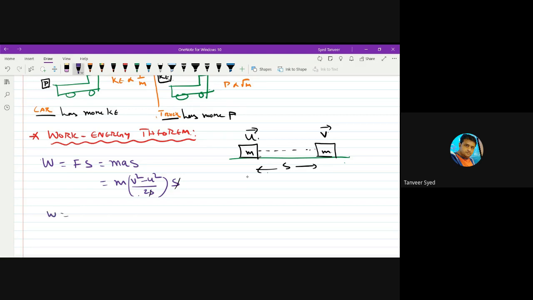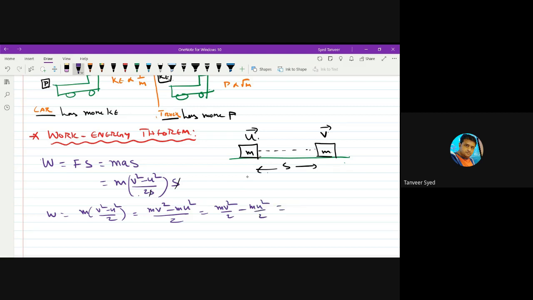So work is equal to m into v square minus u square by 2, or m v square minus m u square by 2, splitting the denominator, m v square by 2 minus m u square by 2. What is m v square by 2?